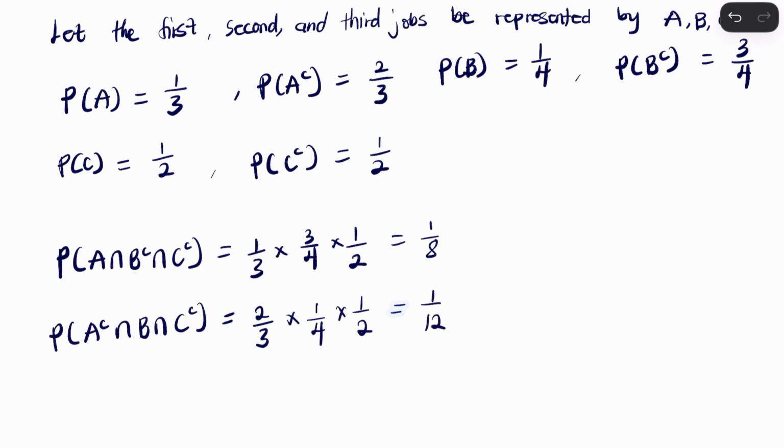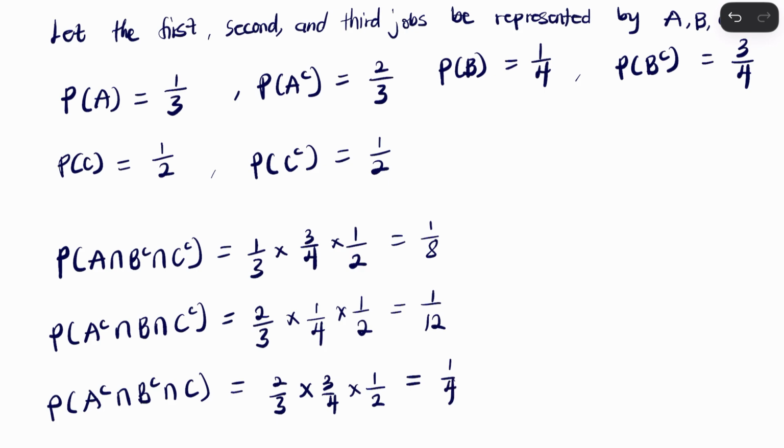And lastly, the probability that Kofi will be selected for only the third job is, so he is rejected for the first job and also rejected for the second job, and then he is selected for the third job. So that will be 2 on 3 times 3 on 4 times 1 on 2, and this is equal to 1 on 4.